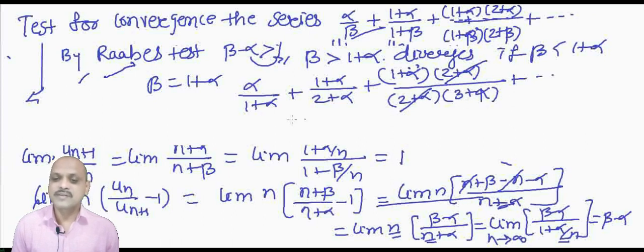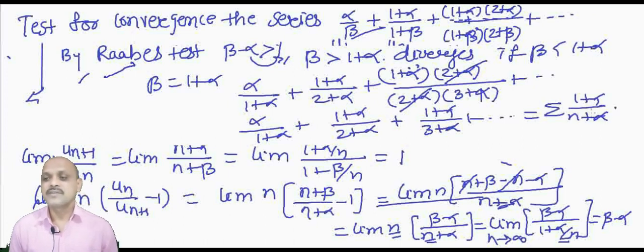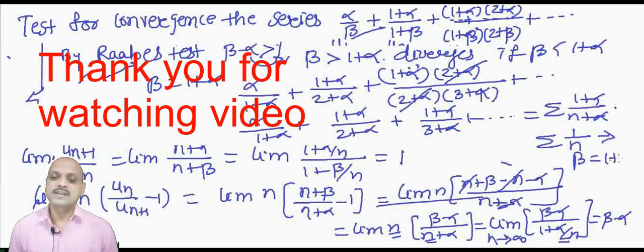So this will be alpha divided by 1 plus alpha, plus 1 plus alpha divided by 2 plus alpha, plus 1 plus alpha divided by 3 plus alpha, plus and so on. So this is equal to the summation of 1 plus alpha divided by n plus alpha, which is similar to 1 divided by n, and we know that 1 divided by n is a divergent series. So for beta equal to 1 plus alpha, the series is divergent.